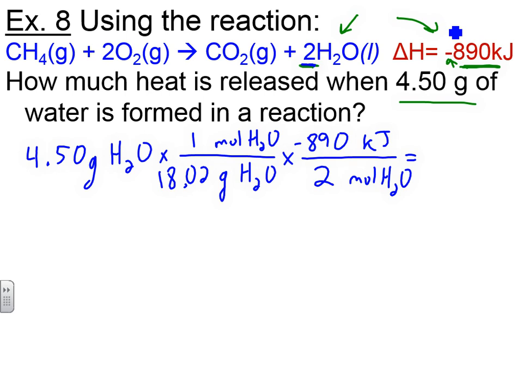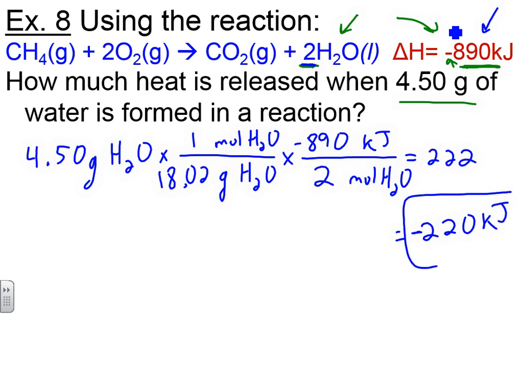It's a nice number. Let's see, since we have 2 sig figs, because we're really limited by our delta H, we've got negative 220 kilojoules. So when you form 4.5 grams of water, you will be releasing 220 kilojoules of heat. That's how it works. So pretty simple, hopefully, not too difficult.